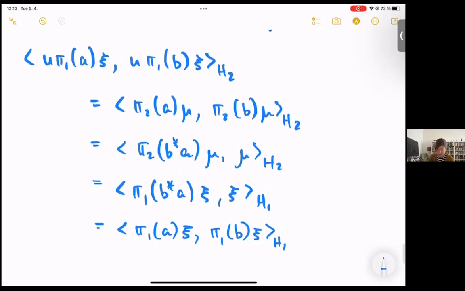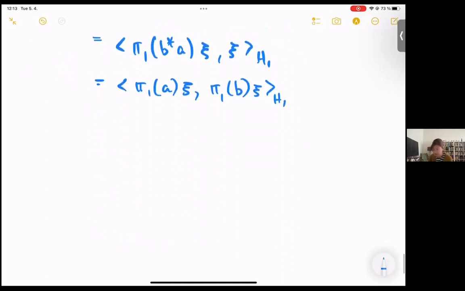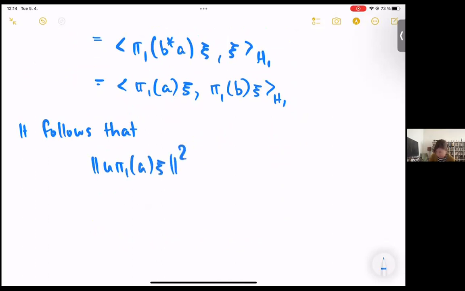So in particular, if we put an a in the second coordinate, then we get that this holds for every a in the algebra, and psi is a cyclic vector.